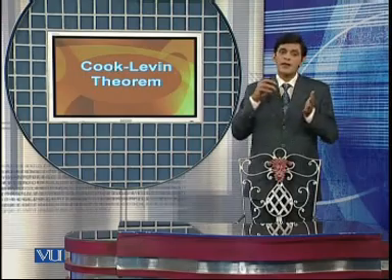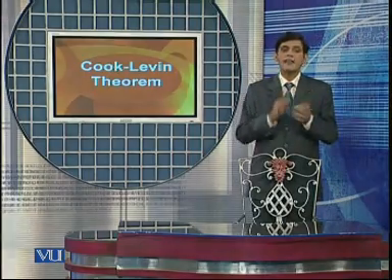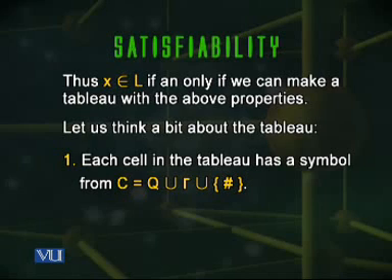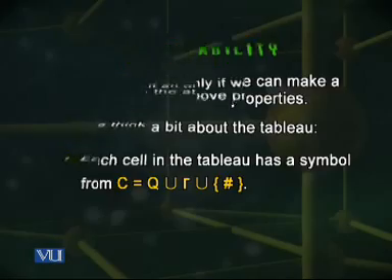What can appear in one particular cell in this table? Let's think about it. In a configuration, a cell in this table will have a symbol from the set C, which is equal to Q union gamma union the hash symbol. So if you look at any one cell of this table, it will either have a work symbol of the Turing machine, or it will have a state, or the hash symbol that we have added.